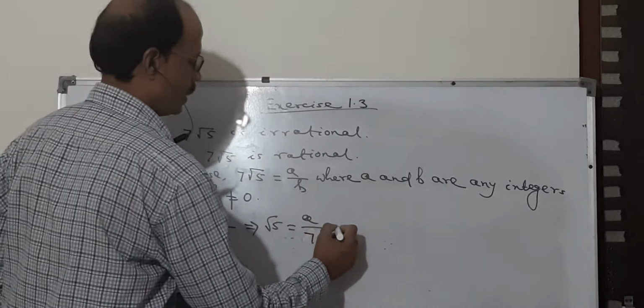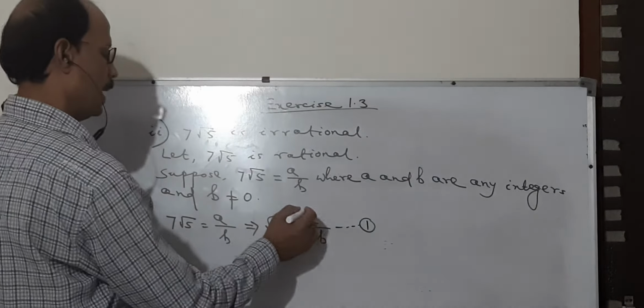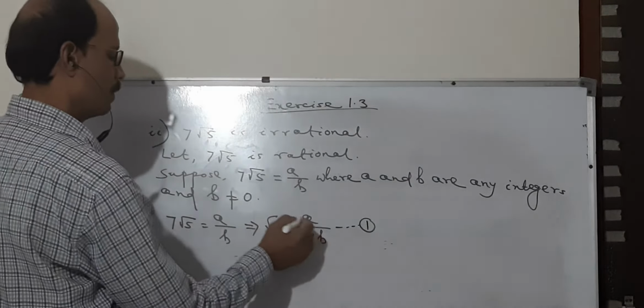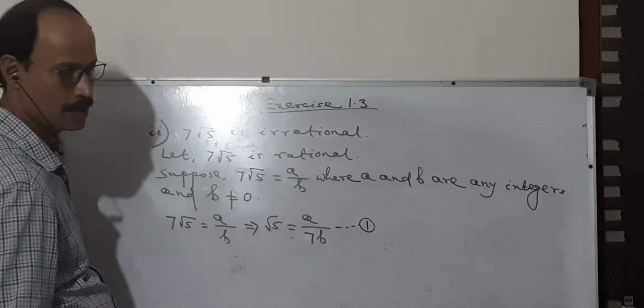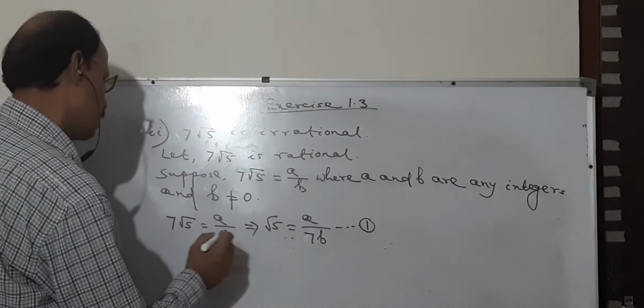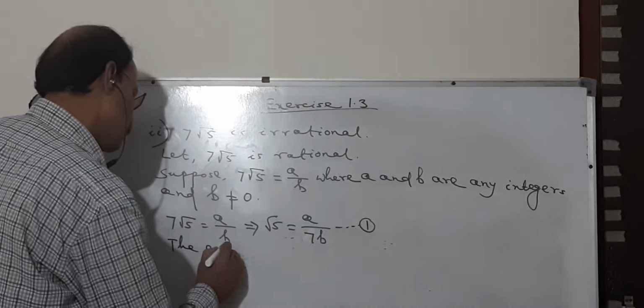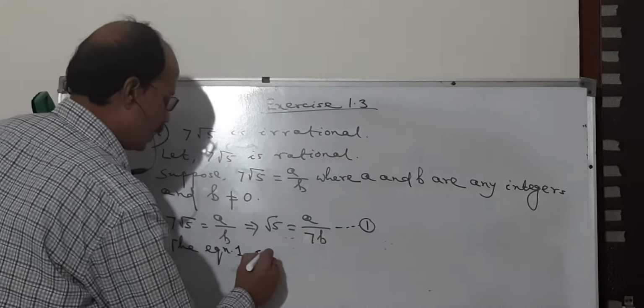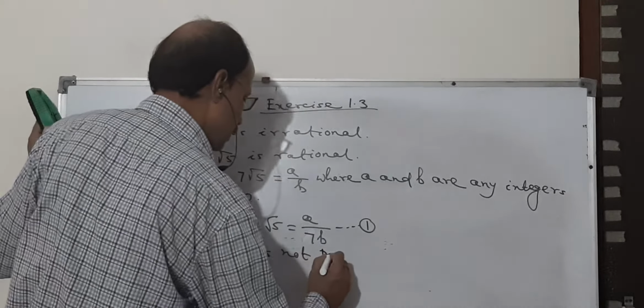It is equation 1. Same step: a upon 7b is rational, and root 5 is irrational. And equation 1 is not possible.